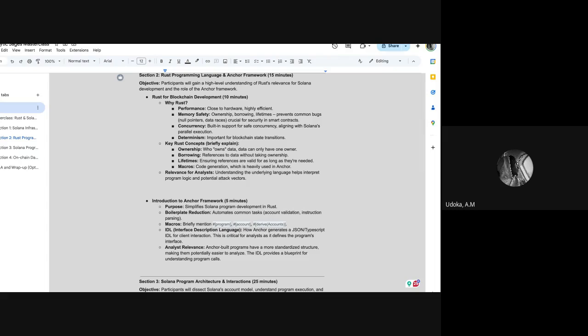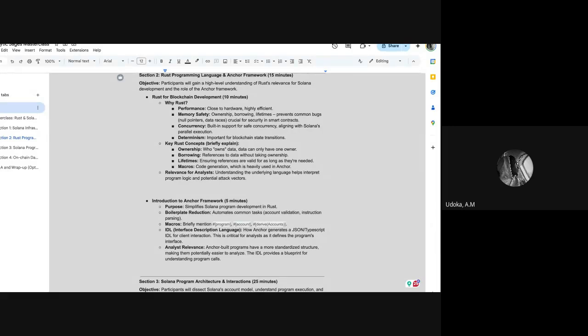Rust is a very important programming language. We all know Rust is not a blockchain based programming language like Solidity or Sui Move, or any of those blockchain built languages.